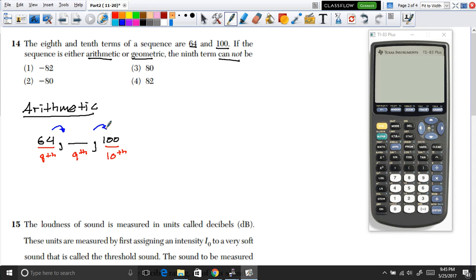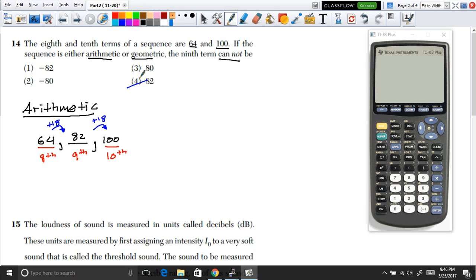But notice that if you add 18, you're going to end up with 82. And if you add 18 again, you're going to end up with 100. So if it's arithmetic, we identify the pattern to be plus 18, which means that the 9th term is 82. So that means that right here is not option 4.